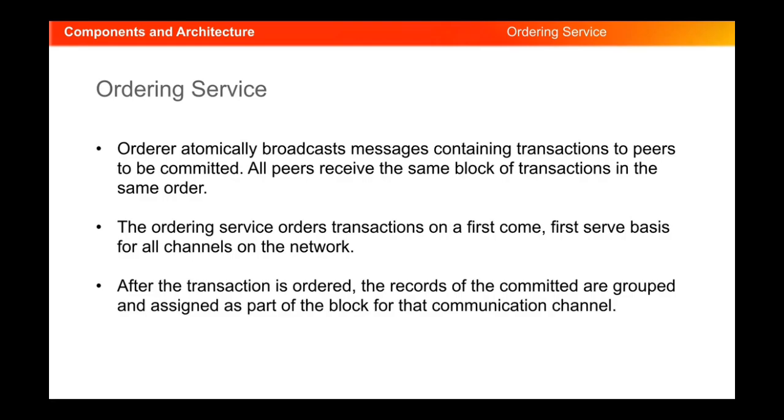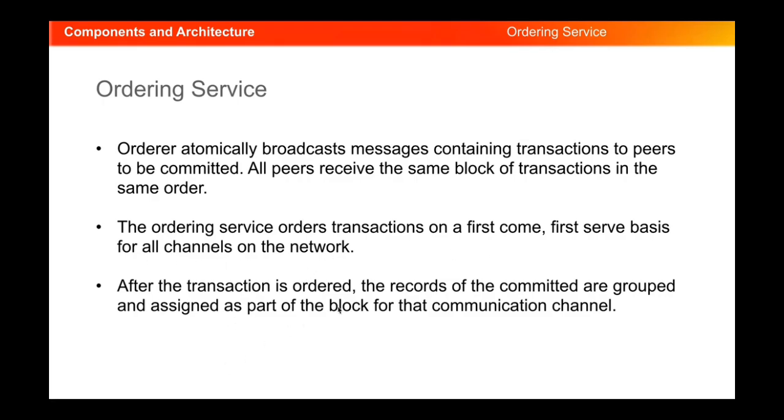Now let us look into the ordering service and how it works and where it stands from a Hyperledger Fabric point of view. The orderer automatically broadcasts messages containing transactions to peers to be committed. All peers receive the same block of transactions in the same order. The ordering service orders transactions on a first come first served basis, which is the FIFO mechanism, for all channels on the network.